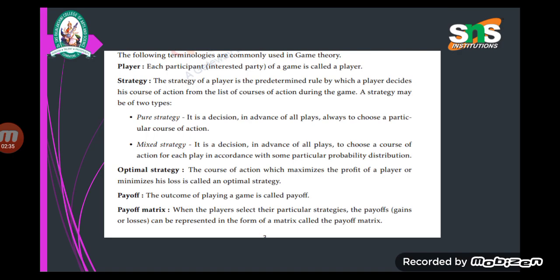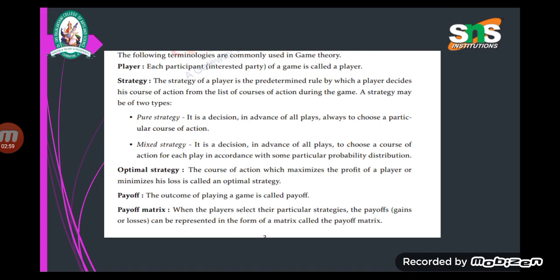There will be an optimal strategy. The strategy used to maximize the profit of a player and to minimize his loss is called an optimal strategy. It takes into account both the maximization and the minimization. Next, payoff. The outcome of playing a game is called the payoff. That means the result of a game is called the payoff.